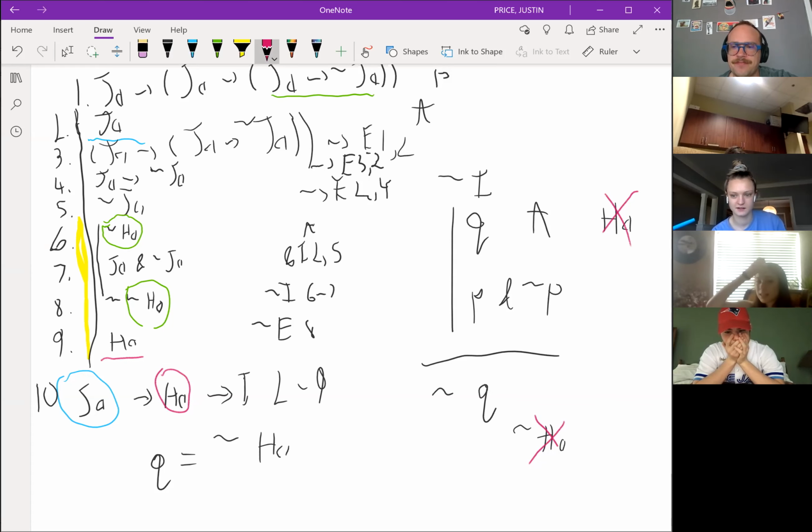This sounds to me like a stupid question, but why couldn't we just assume HA and then close off that subderivation and then just add a conditional introduction to get JA, then HA? Why do we have to do the negation introduction?